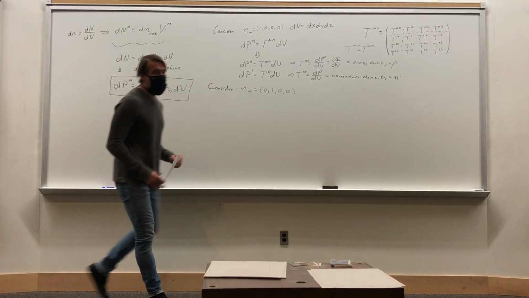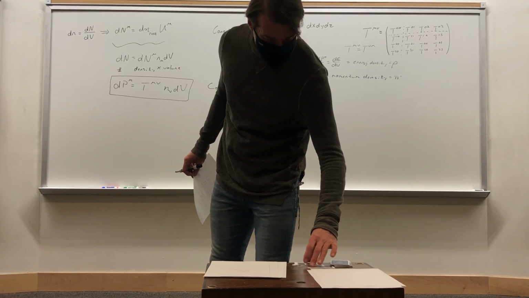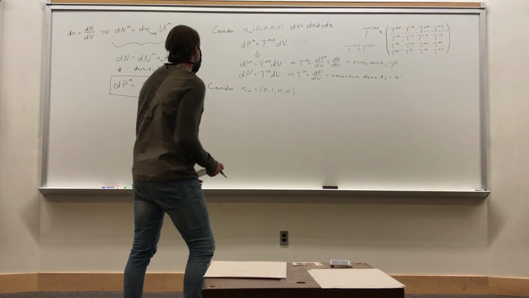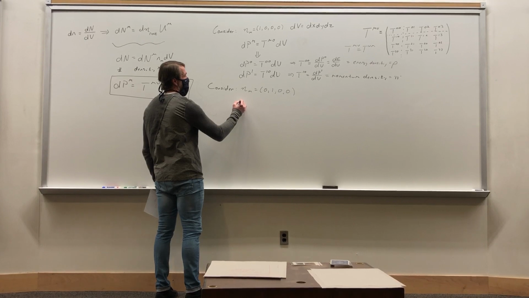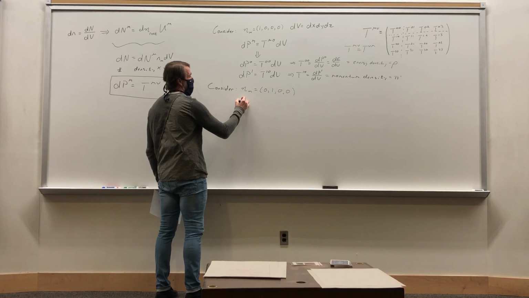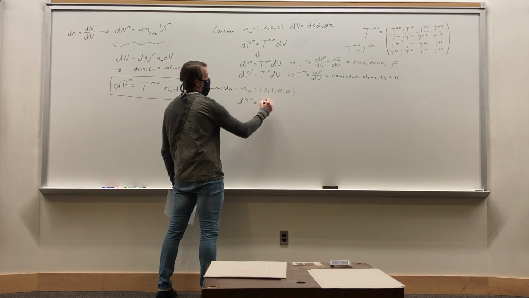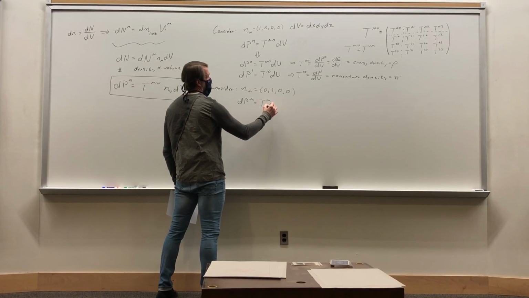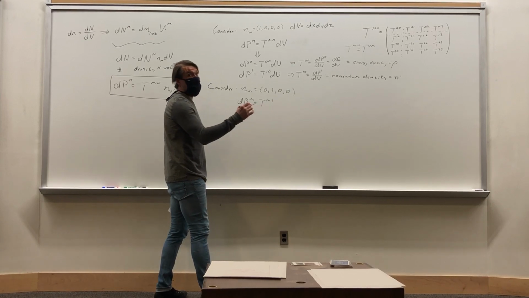All right. I would like for Josh to tell me what I write down. As the normal vector? Or the dv? Oh, dp mu equals t mu. Let's go with 1 dv. dv.